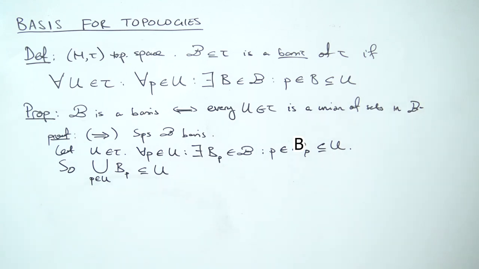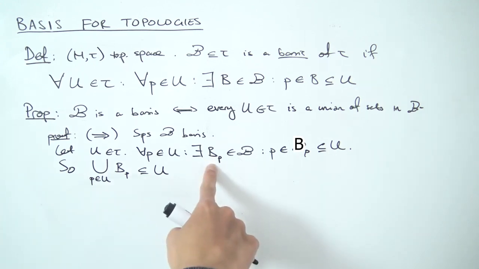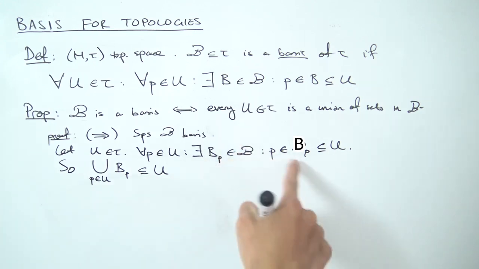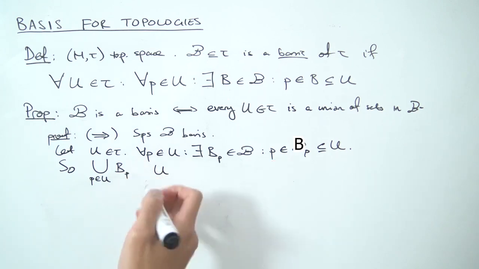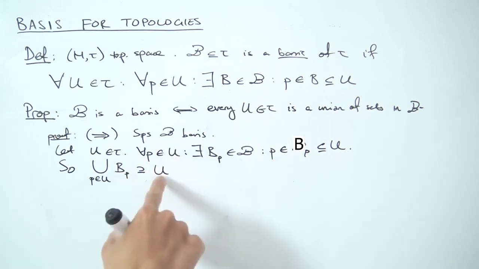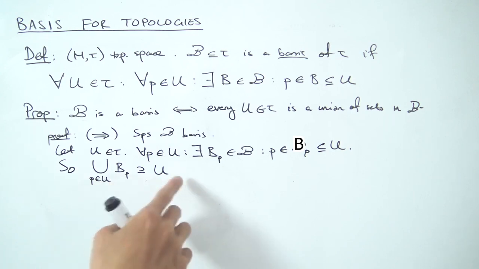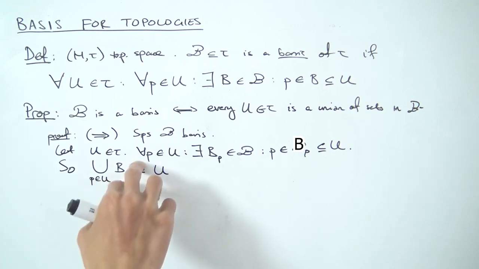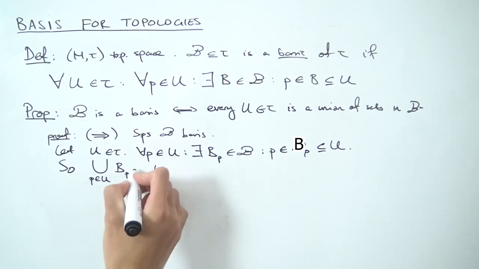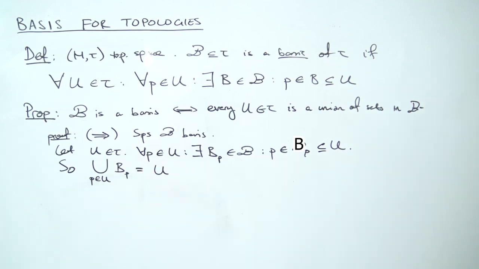But this actually works the other way around as well, because notice we chose these B_P such that each B_P contains P, which means that this holds the other way as well, because every single point in U we can find in this big union. And since subset inclusion works both ways, these are in fact equal. So what did we just show?